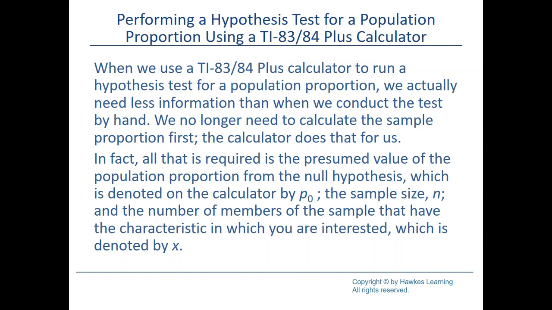In fact, all that's required is the presumed value of the population proportion from the null hypothesis. And again, you'll note that it will use p sub naught, meaning to reference the null. n is still your sample size, and x is the number of members that are interested in whatever our value is.